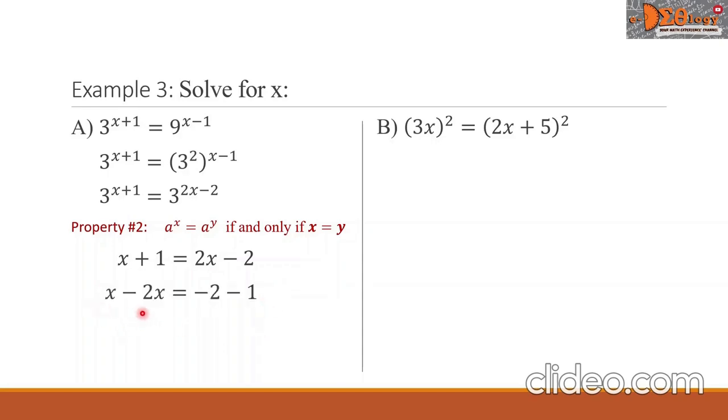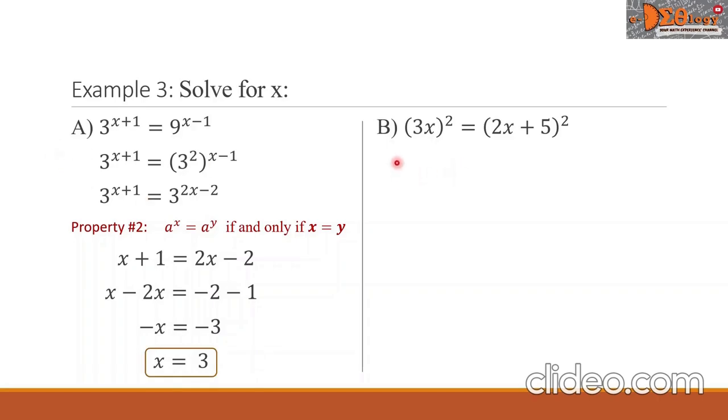So we have x minus 2x equals negative 2 minus 1. X minus 2x is negative x. Negative 2 minus 1 is negative 3. We multiply this equation by negative 1 so that the x will be positive. So we have x equals positive 3. This is the answer for problem A.